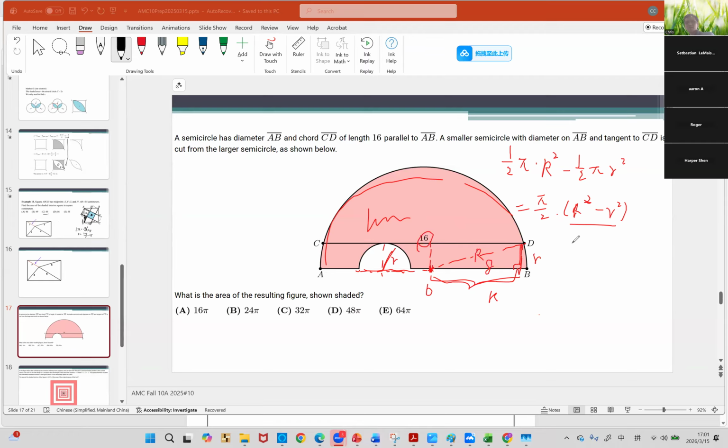So we have R squared minus r squared equals A squared, Pythagorean theorem inside this triangle. Now you just need to plug 64 inside and get 32 pi. 20 seconds. So it was C.